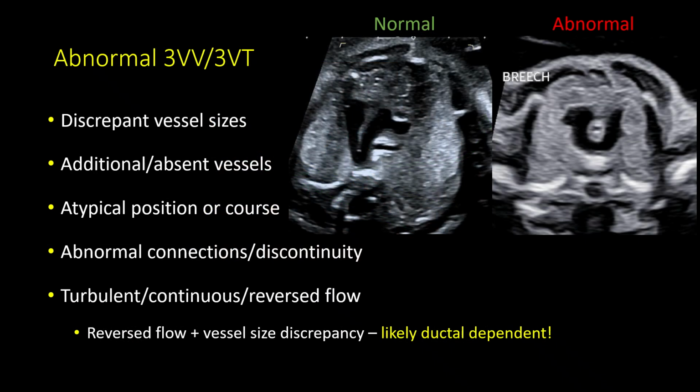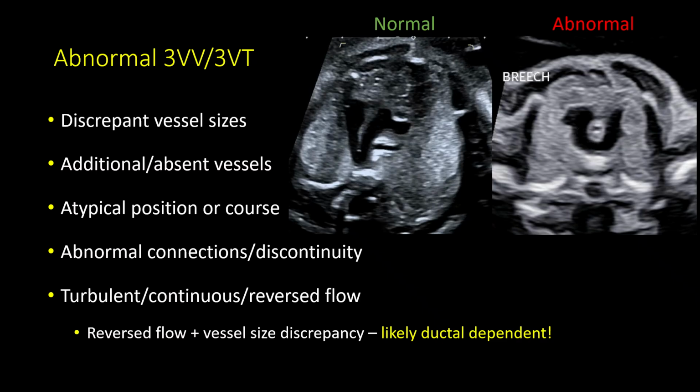So how do you know when these views are abnormal? Well, some key things that you should keep in mind when you're seeing these views, the 3-vessel and 3-vessel tracheal view, based on pattern recognition, you should be able to see whether there are any discrepancies in the vessel sizes, any additional or absent vessels in these views, atypical position or course of the vessels, anytime you have abnormal connections or discontinuity of the vessels, either one of the vessels.